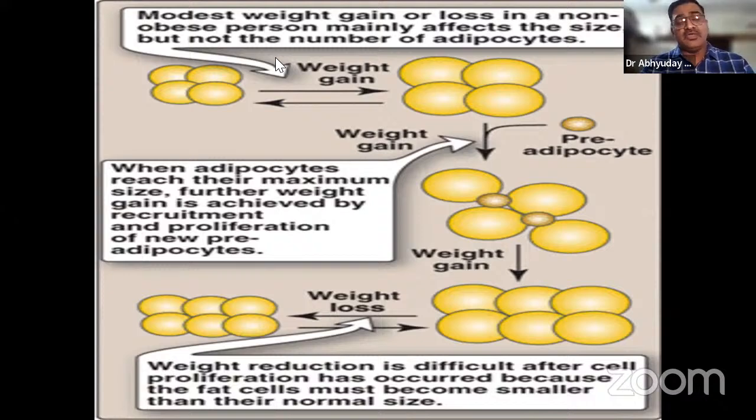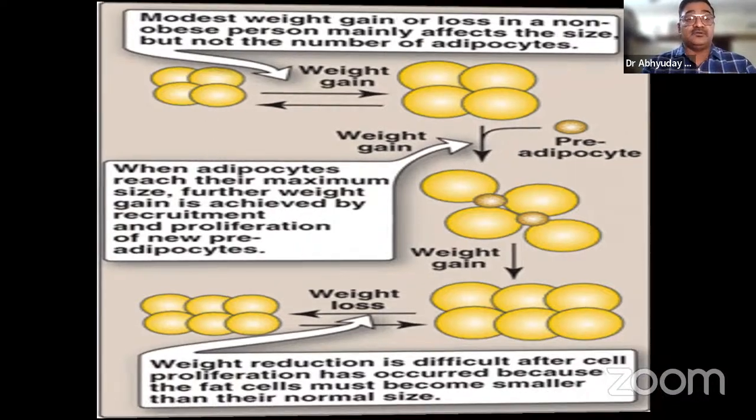So people who gain weight and then the excess fat is stored in these pre-adipocytes, there is weight gain, and unless the size of these adipocytes becomes smaller, the patient has problems in reducing weight. So this is a very complex phenomenon, and it's not as simple as it looks.